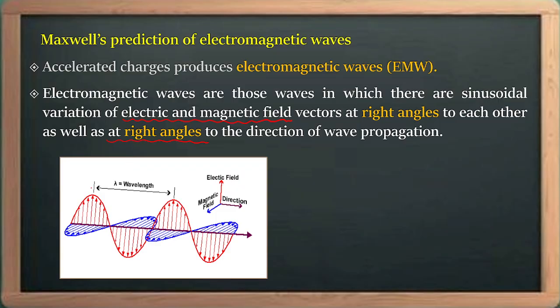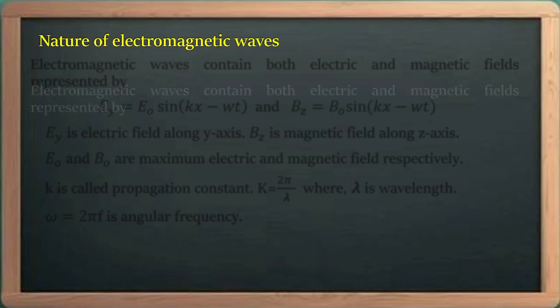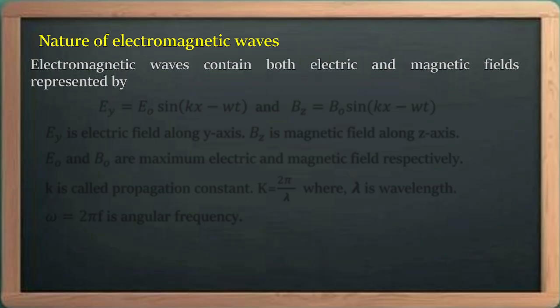So the diagram is given here. The red color one represents the electric field and the other one represents the magnetic field, and they are traveling along, you can consider, the x-axis. Let's consider the electric field is vibrating along the y-axis and the magnetic field is vibrating along the z-axis, and both of them are traveling along the x-axis. So in equation, how can we represent this? Electromagnetic waves contain both electric and magnetic fields.